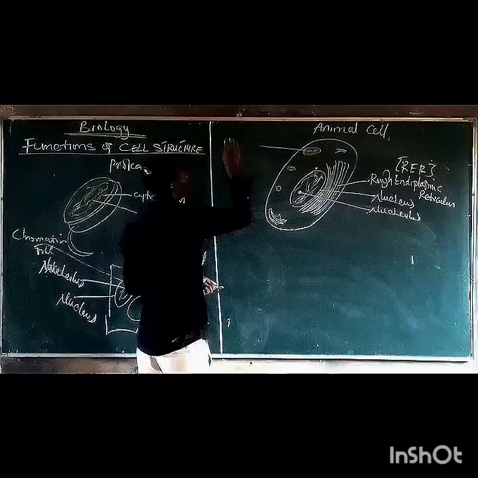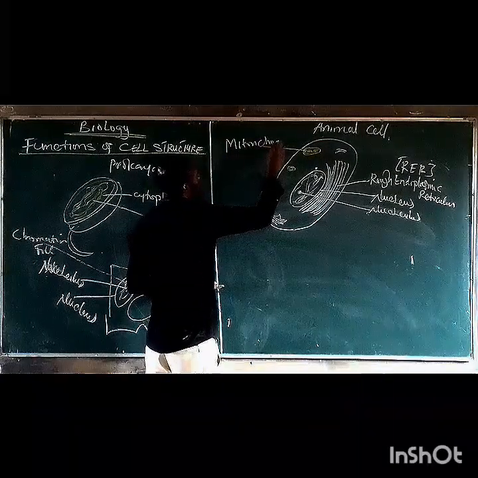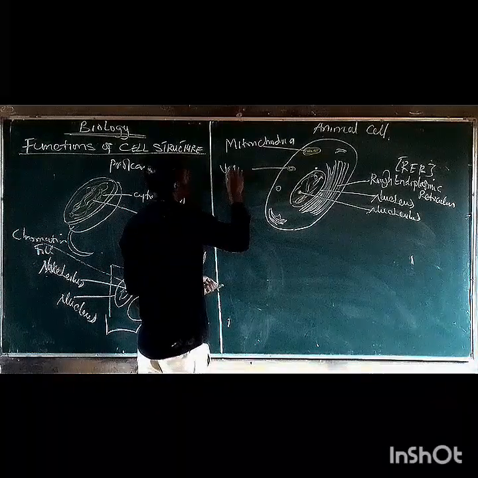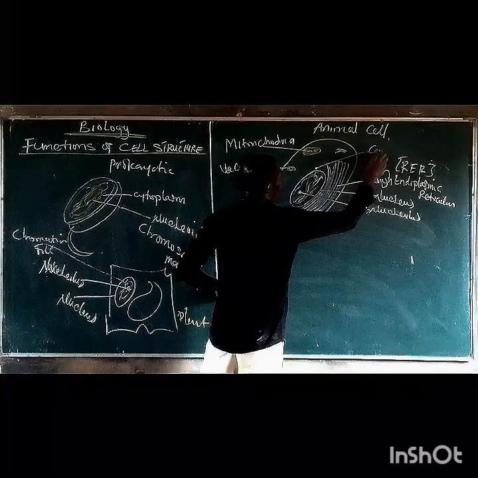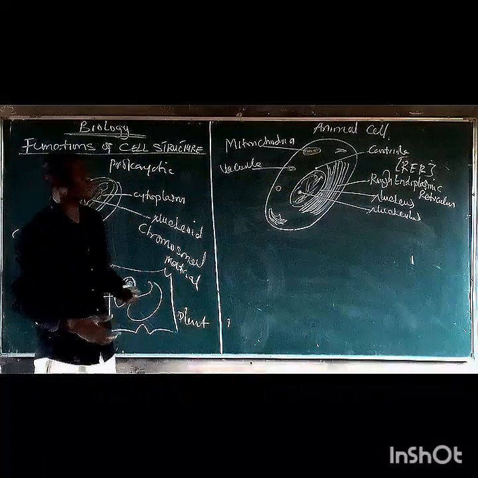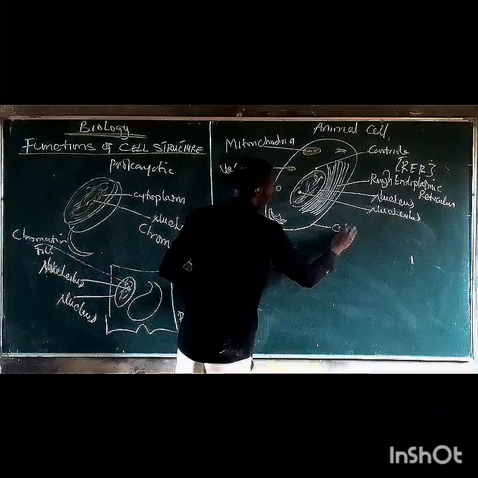So we have the mitochondrion, we have the vacuole, we have the centrioles, which perform so many functions such as cell division. Then we can have the cell membrane.